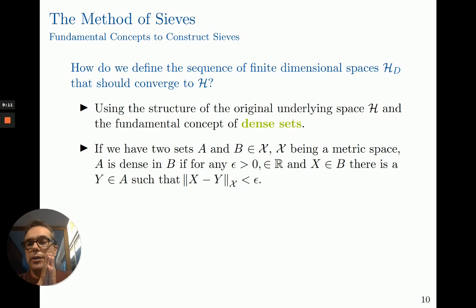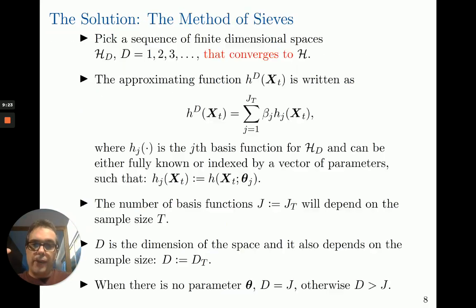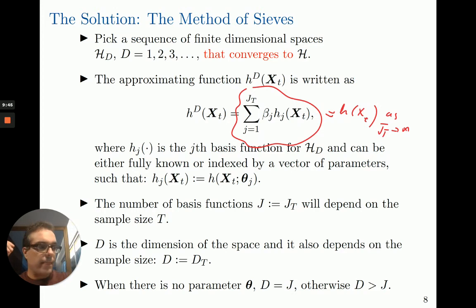So we want to define basis functions that will be simpler functions such that, as we increase the number of these functions and look at these combinations, we want to show that when j_T diverges, this term gets really close to the original function that we want to approximate, as j_T goes to infinity.